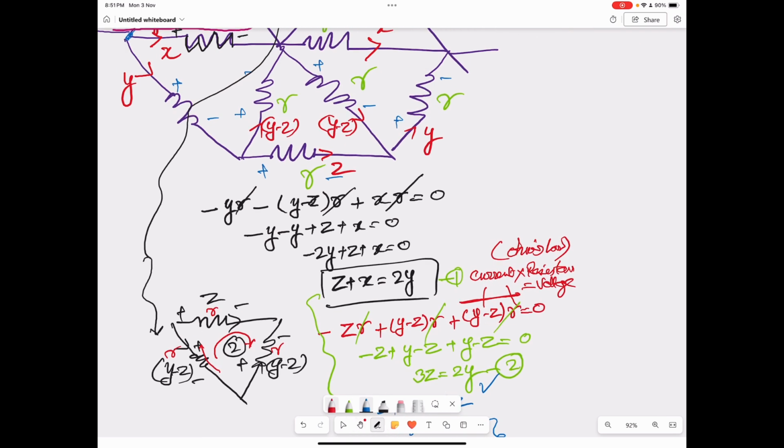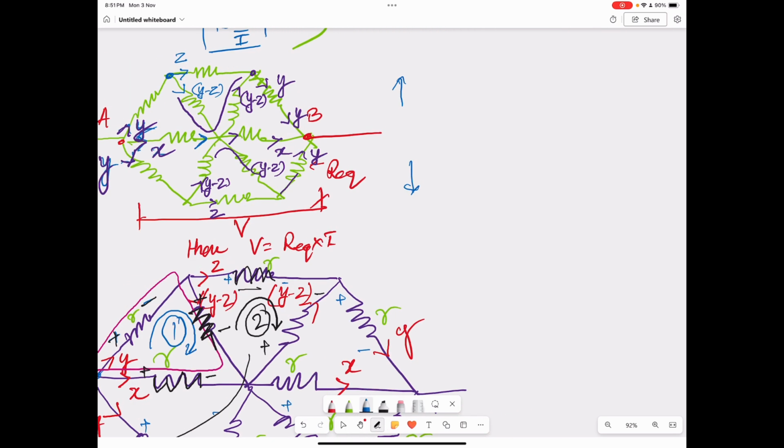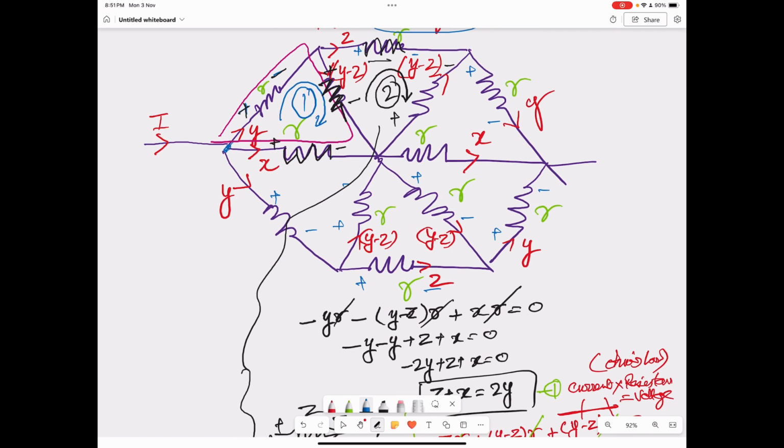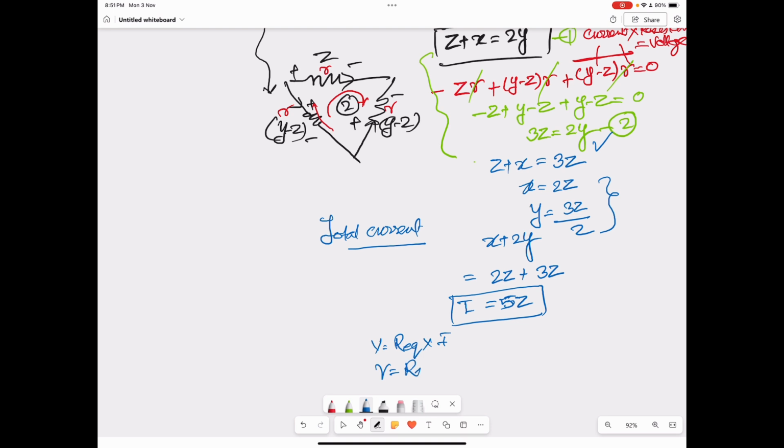Okay. So I'll come back again to this. I have written V is equal to R equivalent into I. So I can write V is equal to R equivalent into 5z.